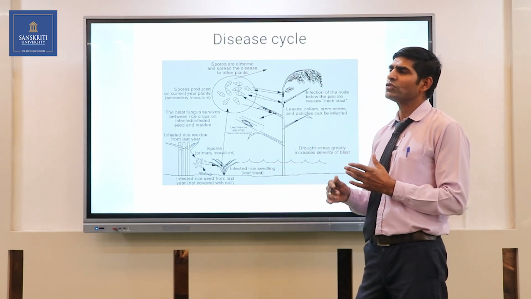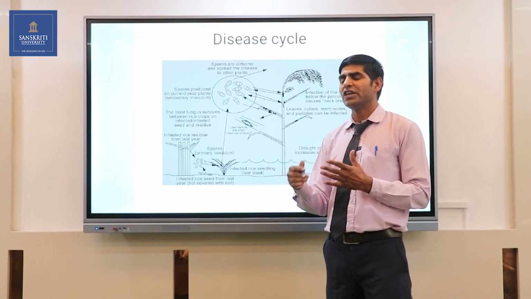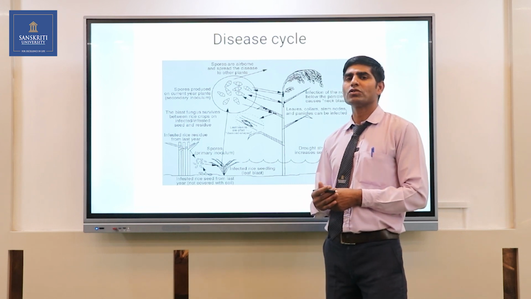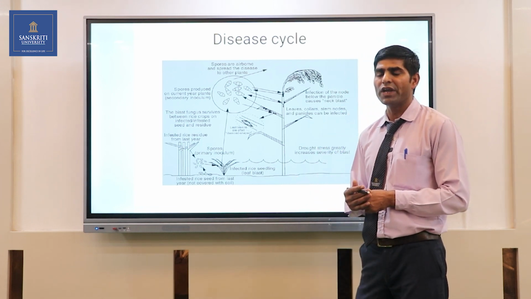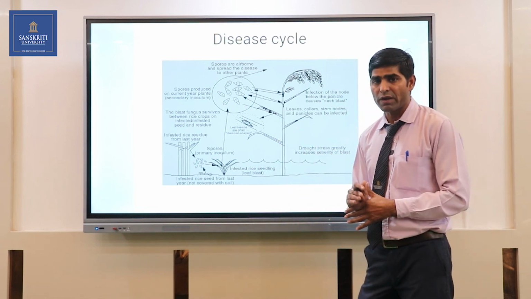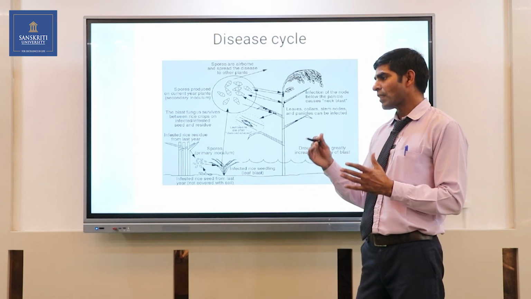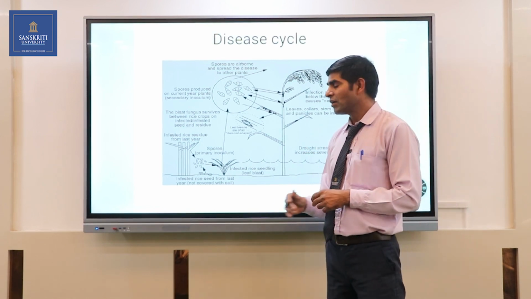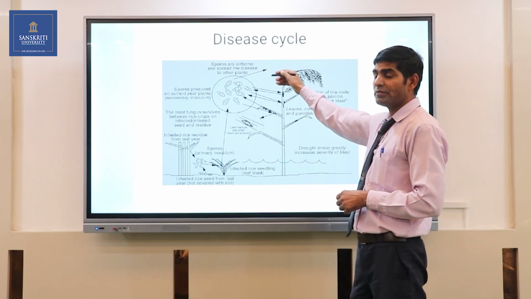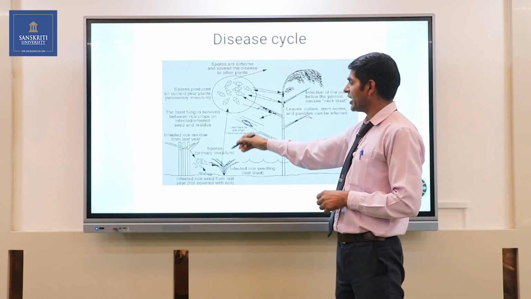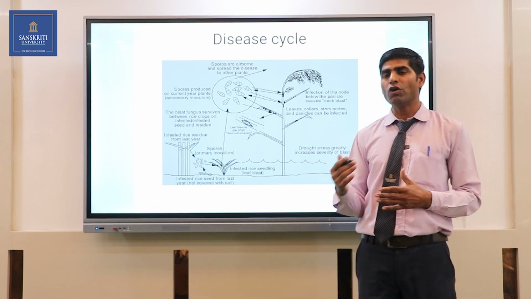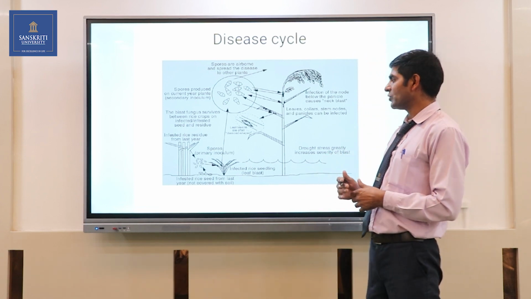Volunteer plants are those plants that generally grow by themselves. It is called a volunteer plant because in the absence of the main host crop, the fungus also survives on a collateral plant. From the collateral plant, if the condition is favorable, good for disease development, conidia spread from the volunteer plant to the healthy plant, and then ultimately the healthy plant gets infected by the blast pathogen.